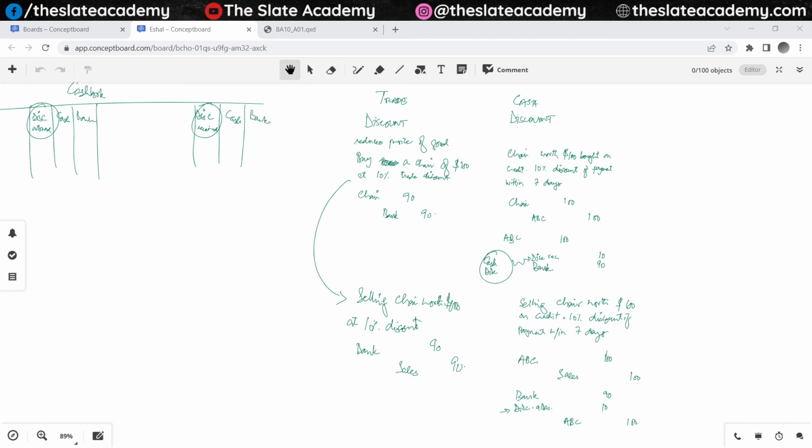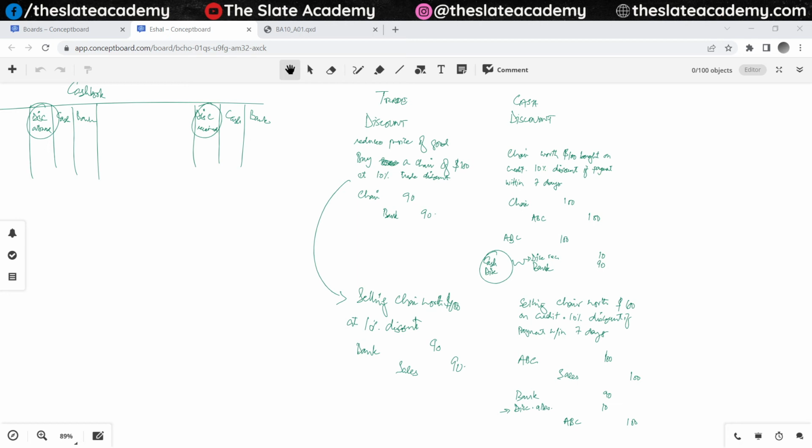This format is called writing the double entries for any transaction. In your question paper, they might ask what's the double entry that you would pass for this transaction. When we get to the general journal part, we'll see these double entries more often.